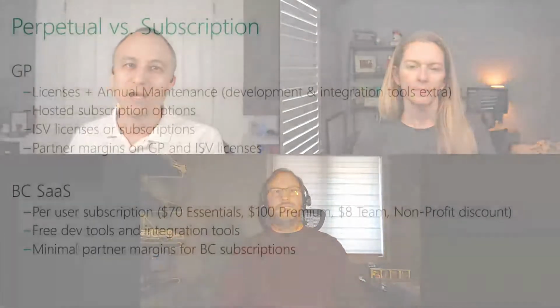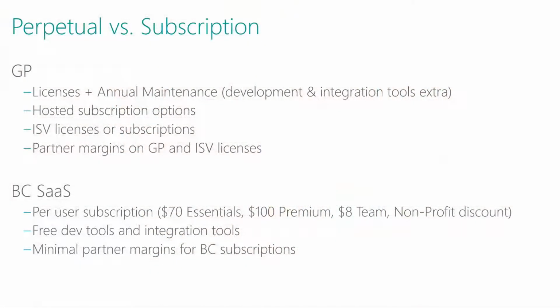Excellent. Okay, so let's jump into the pricing and licensing. So one difference has been that GP has traditionally been licensed as a perpetual license. So you purchase the license and then you pay an annual maintenance fee for service packs, upgrades, etc. And so for some customers, that initial licensing fee could be a significant outlay of cash.